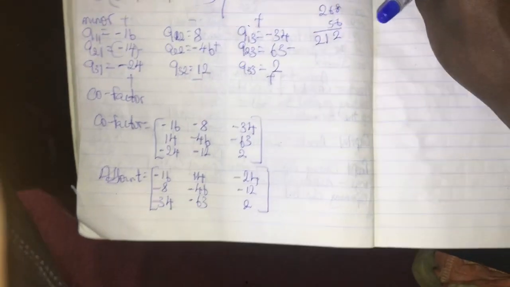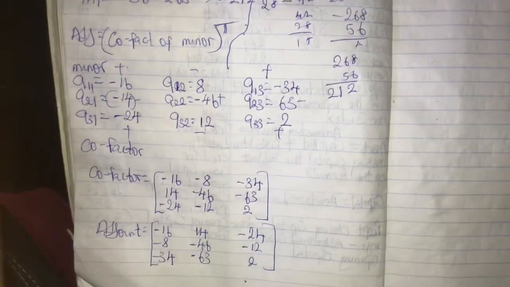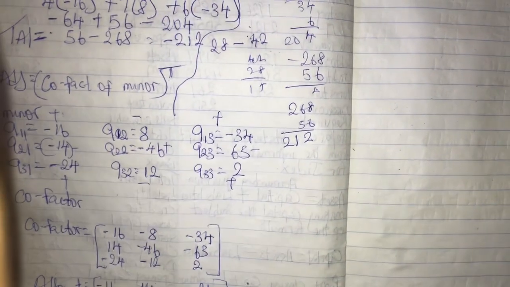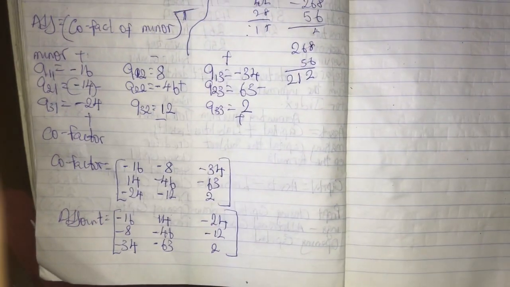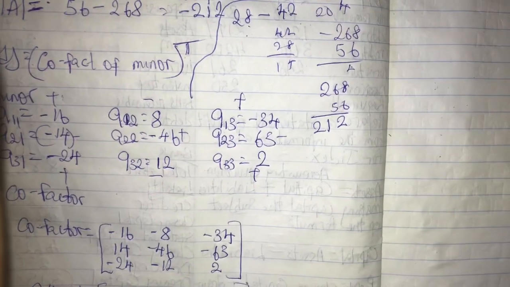Then our adjoint: minus 16, 14, minus 24, minus 8, minus 46, minus 63, minus 12, minus 34, minus 63, then 2. So this is our A inverse.